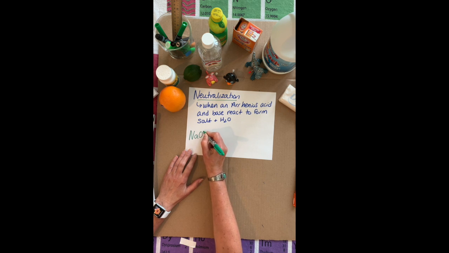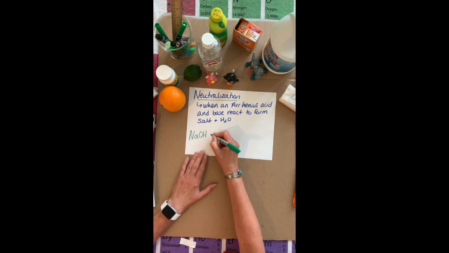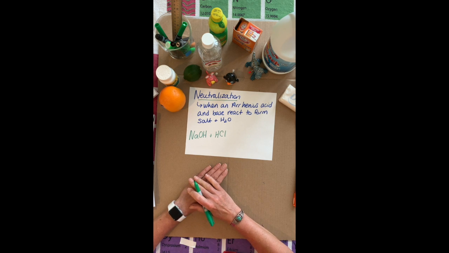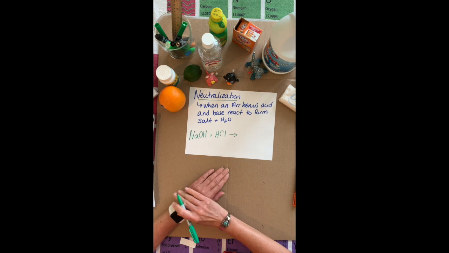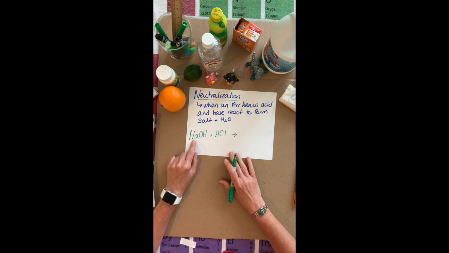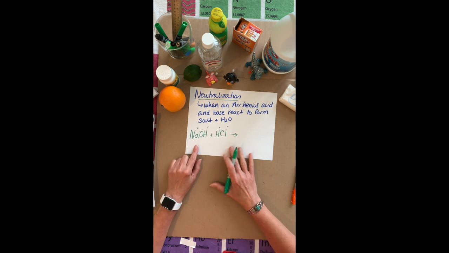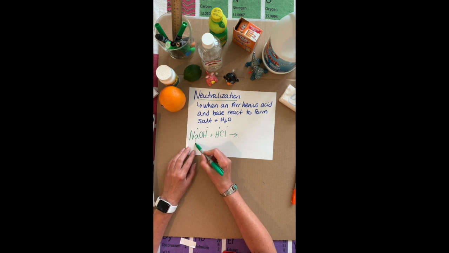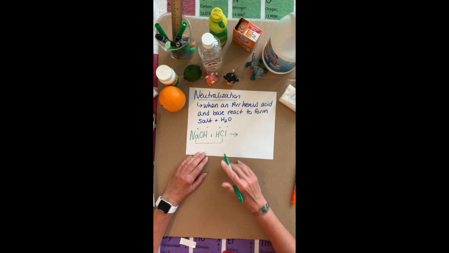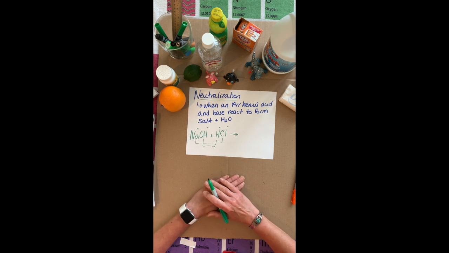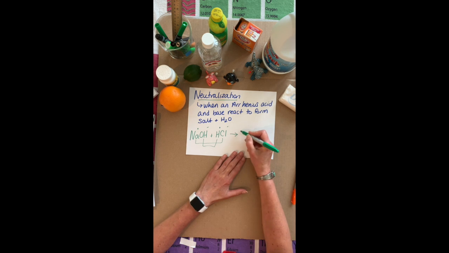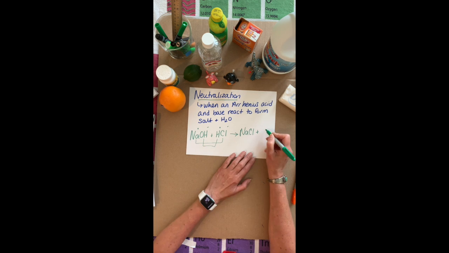We're going to take our sodium hydroxide, react it with hydrochloric acid, and this is going to yield, remember these oxidation states, positive sodium is going to want to bond with negative chlorine. Positive hydrogen is going to want to bond with the negative OH. So we end up with NaCl plus HOH.